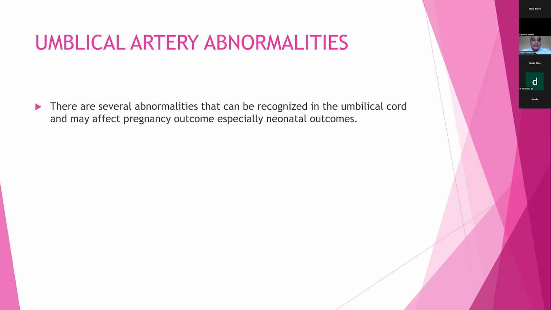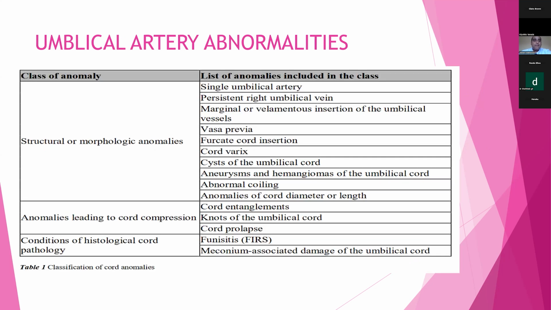About the abnormalities of the umbilical cord, there are several abnormalities that can be recognized and may affect the pregnancy outcome, especially neonatal outcome. The classification of these abnormalities includes structural or morphological anomalies, anomalies leading to cord compression, or conditions of histological cord pathology.